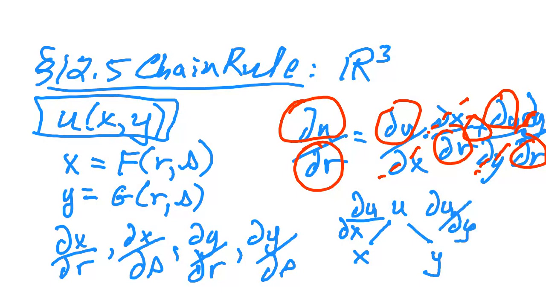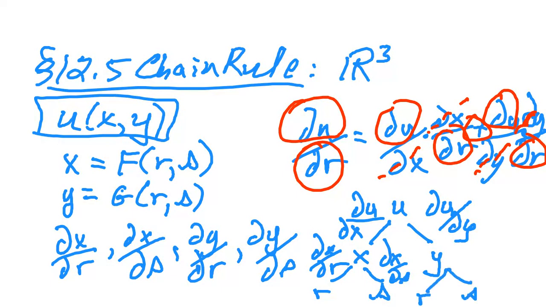And then x in turn is defined in terms of R and S. Now, since there are more than one variable there, if I go down this branch, that's a partial derivative as well. So it's going to be the partial derivative of x with respect to R. If I go down this other branch, this is the partial of x with respect to S. Okay, now I can do the same thing over here with the y. So R and S. If I go down this branch, this is the partial of y with respect to R, and the other side of the branch is the partial of y with respect to S.